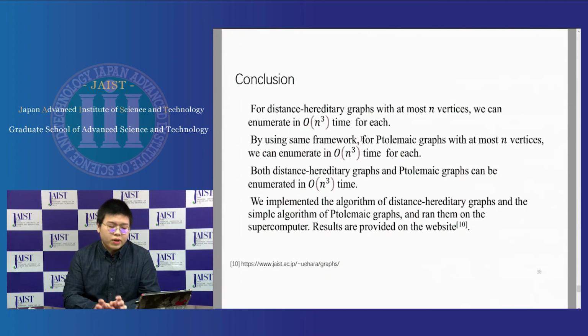So both graph classes can be enumerated in big O n to the power of 3 time. We also implemented the algorithm for distance hereditary graphs and the simple algorithm for Ptolemaic graphs, and ran them on a supercomputer. The results are provided on the website.